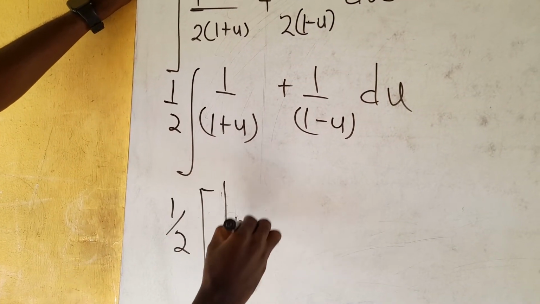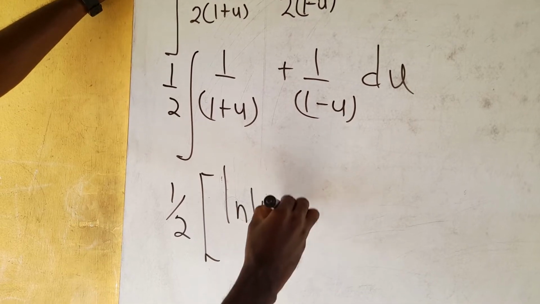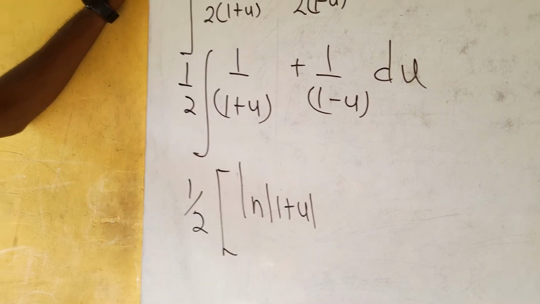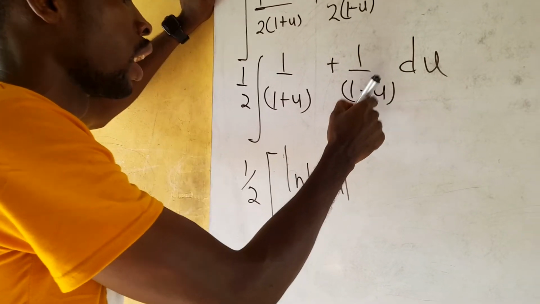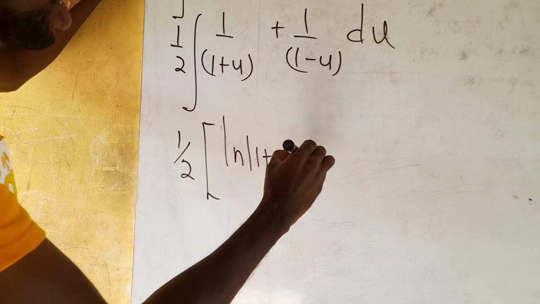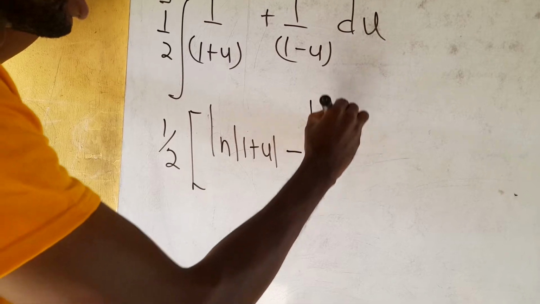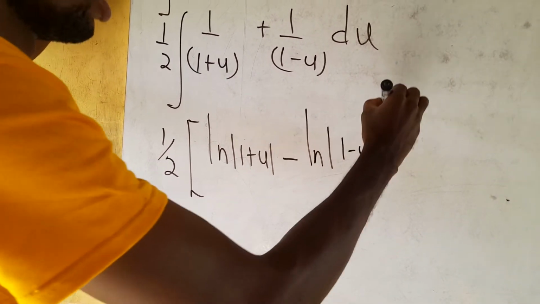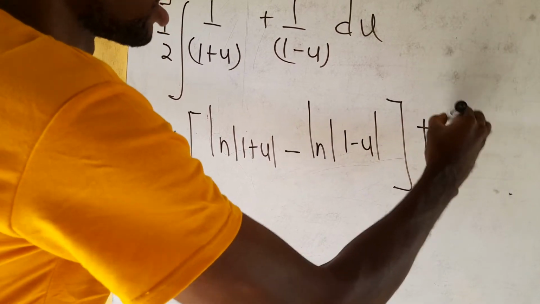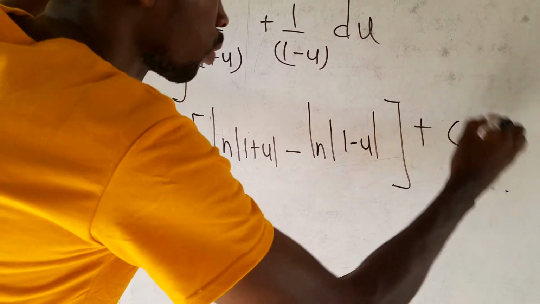We get ln absolute value of 1 plus u. Please check out my videos on integration by substitution. Now, because of the minus here, we get negative ln absolute value of 1 minus u, then plus our constant of integration, c.